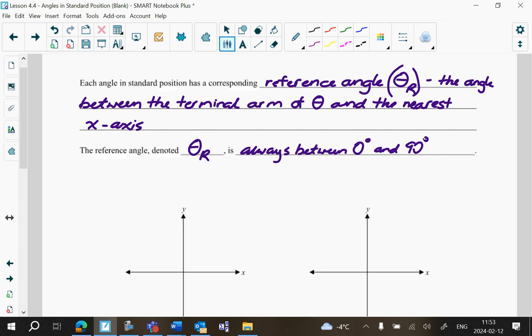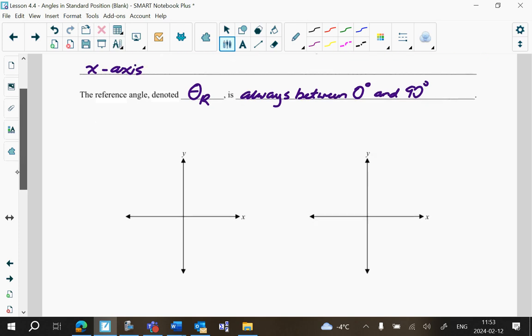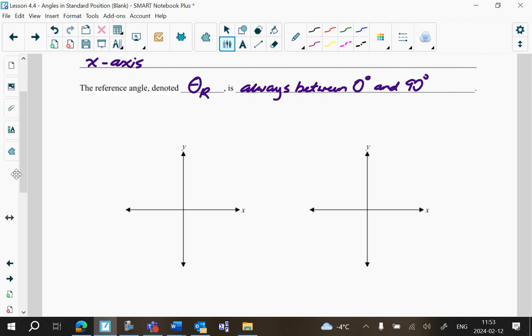in quadrant 2. Because then quadrant 1 might make a little bit more sense. So let's say I draw an angle in standard position in quadrant 2. So initial arm, terminal arm goes somewhere in this quadrant, and that's my angle. Using that definition I had above, where's the reference angle?